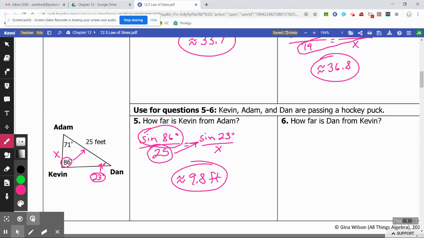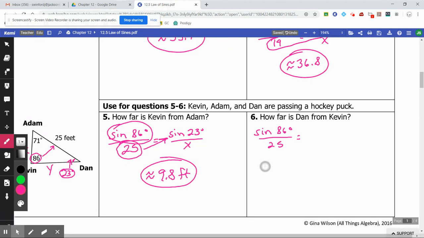So now I'm going to use maybe y for this. And we want to know how far Dan is from Kevin. So we can start out the problem the exact same way because I know that the 86 degrees is across from 25. So I know the sine of 86 over 25 should equal, across from this y value that we're looking for now, is the 71-degree angle.